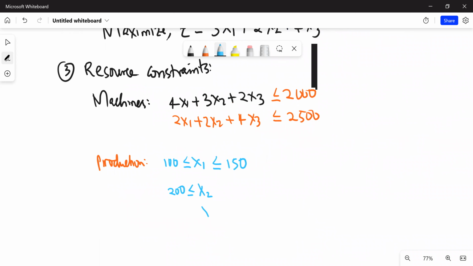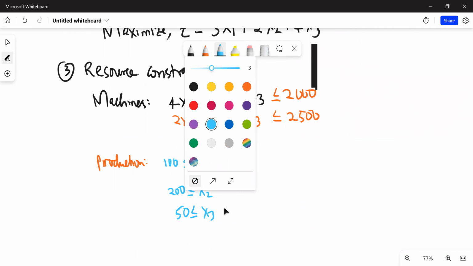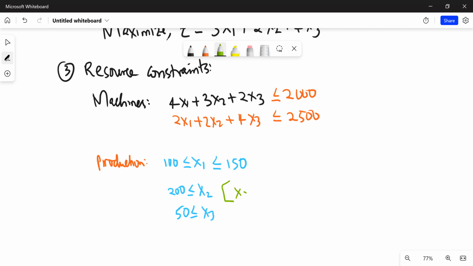And in a similar way, X3 must be greater or equal to 50. I hope these are not confusing. These ones can as well be written as these two. This is the same as X2 is greater or equal to 200. This is the same as X3 is greater or equal to 50.